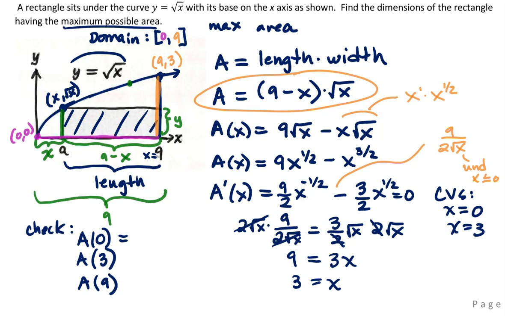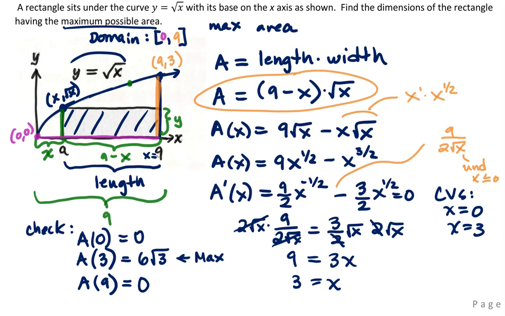When I plug in 0, I just get out 0. I get 9 times 0, which is 0. When I plug in 3, I get 9 minus 3, which is 6, times the square root of 3. When I plug in 9, I get 0 times 3, which is just 0 again. So this is definitely a maximum. That's positive. It's bigger than the values at the endpoints, so it's looking good.